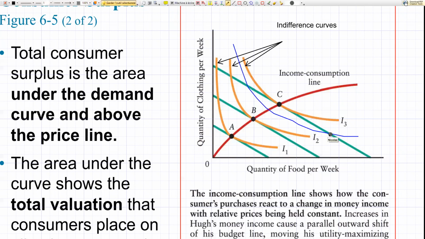So if I'm here, what I can do is go anywhere I like on this budget line and spend exactly the same amount of money. So let's go right until C. And then how do I know that C is better? When C lies on this indifference curve there, which gives me a higher happiness than this blue line there. So I know that because I3 is better.